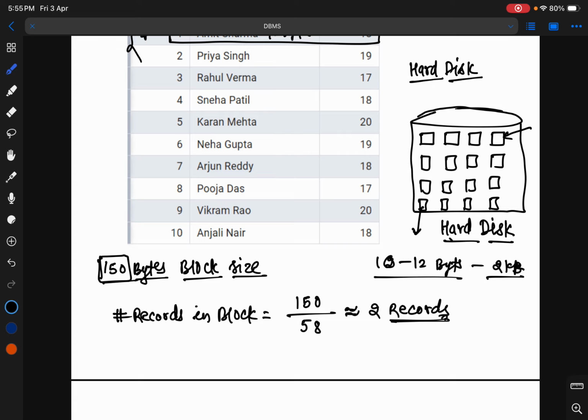Now in this strategy, one record can be kept in one block only. We will not split a record. For example, one record will not be split and kept in two separate blocks. We will not talk about that mechanism.